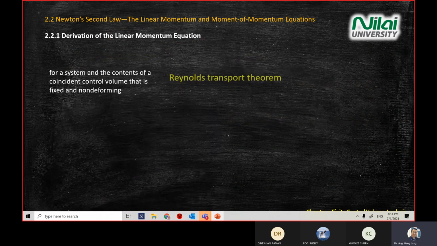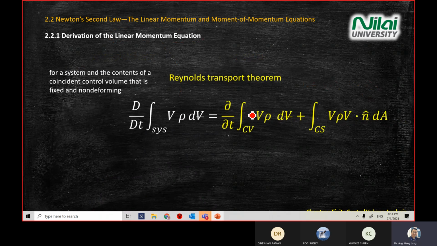Then we will continue. I will just give you the control volume equation for the fixed and non-deforming case again. Under the linear momentum equation, we are no longer looking at the equation previously.